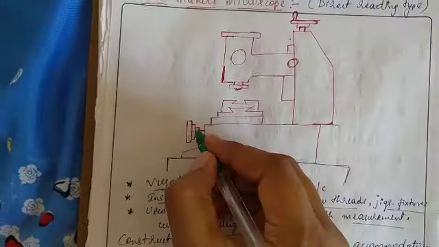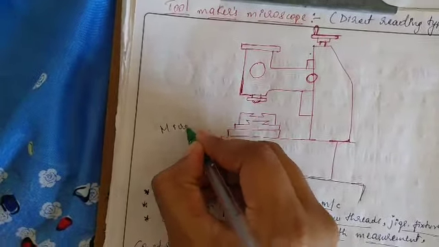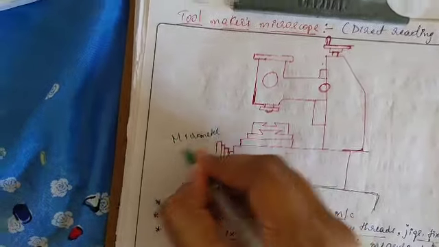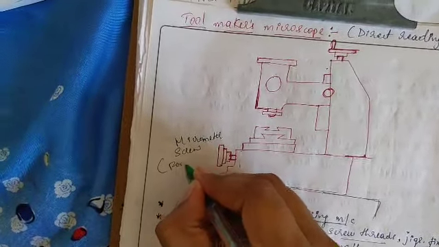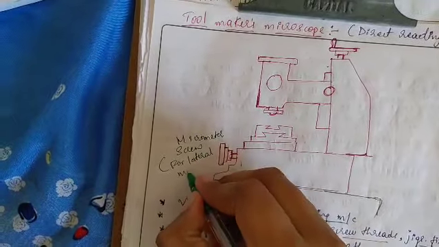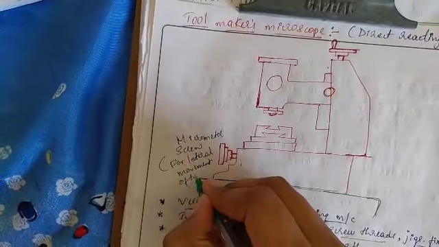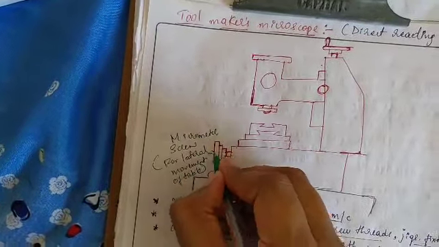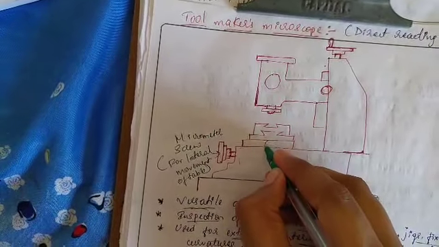So we are using one screw here, that is a micrometer screw for lateral movement of the table. And again we are using another screw here.